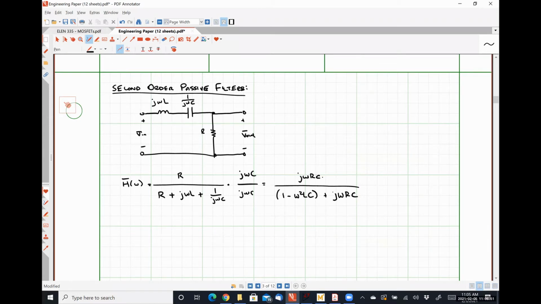So this is my baseline, easiest representation of my transfer function for this guy.